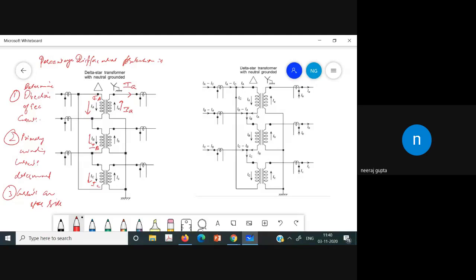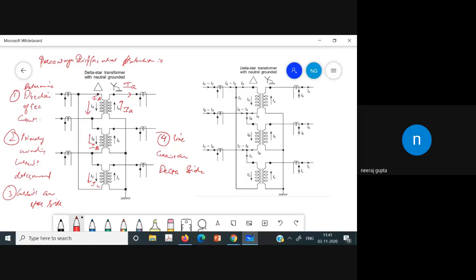Now we will have the fourth step. Line currents on the delta side are determined. So we have to calculate the line current on this delta side.